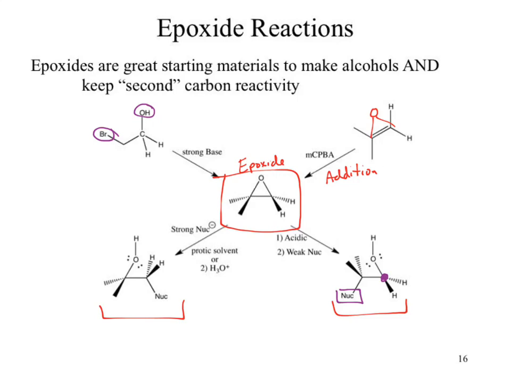Halohydrin. Why is it nice, or why is this species particularly useful? If we take a look at our carbons, the carbons in the halohydrin are both active, just like the carbons in our epoxide. Okay. What reagent do we add?